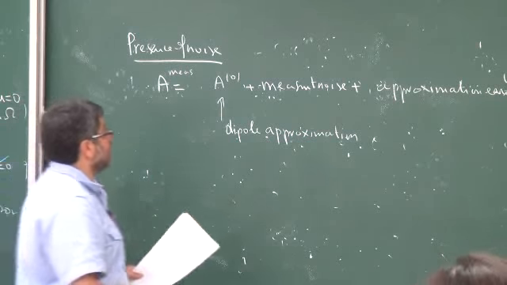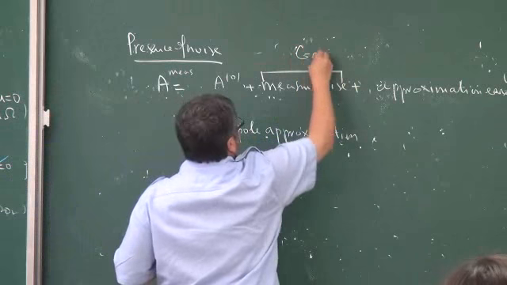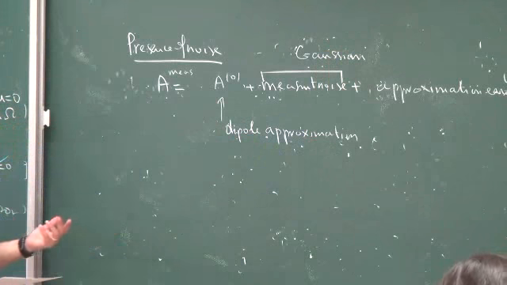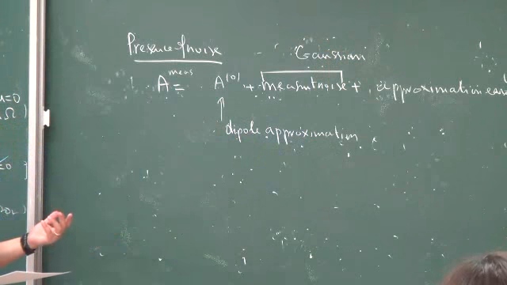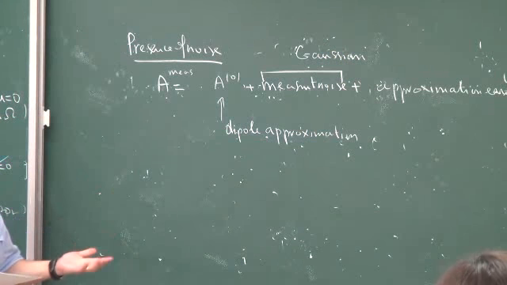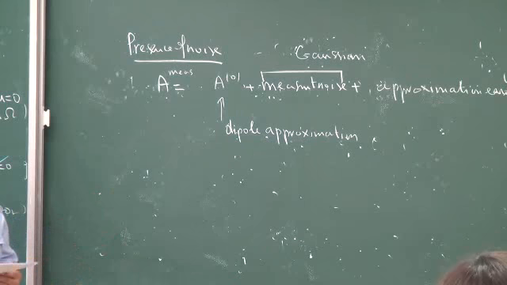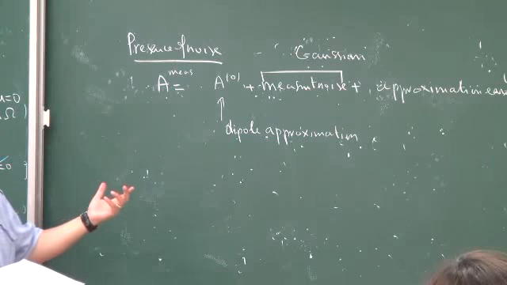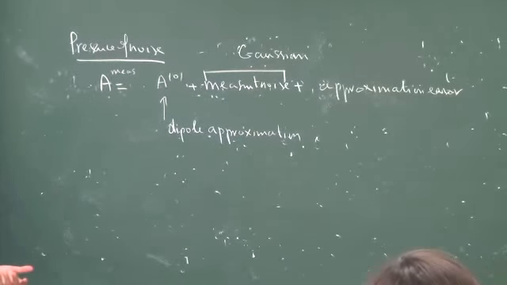The measurement noise, as I said, is Gaussian. Which case is interesting: when the measurement noise dominates the approximation error, or when the approximation error dominates the measurement noise? Which case is more interesting? The Gaussian measurement noise dominates the approximation error.